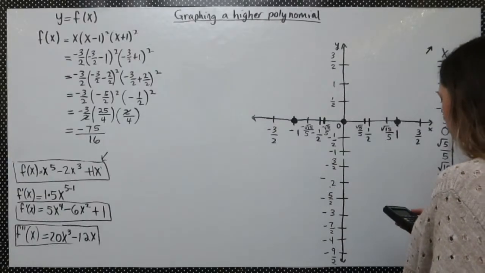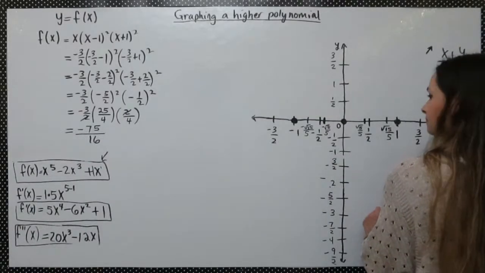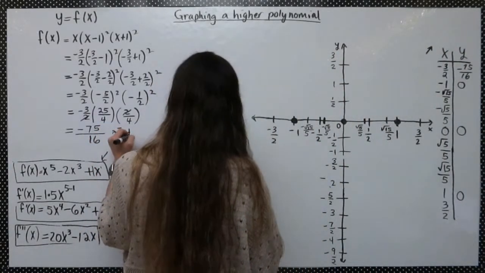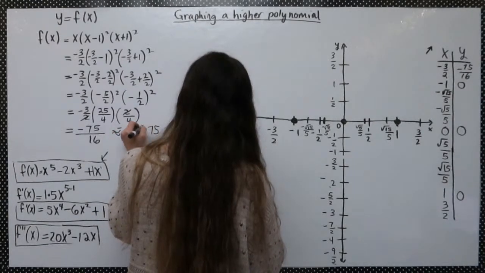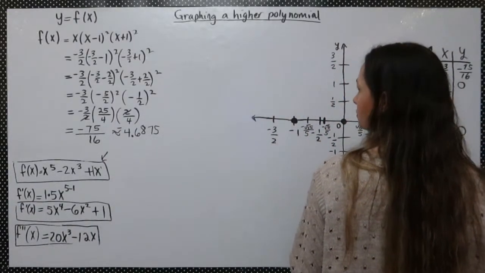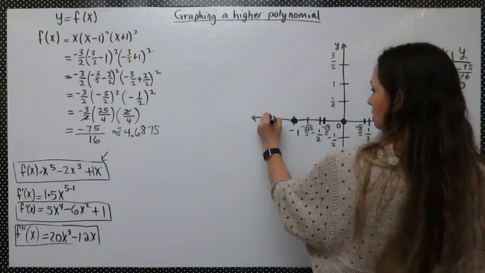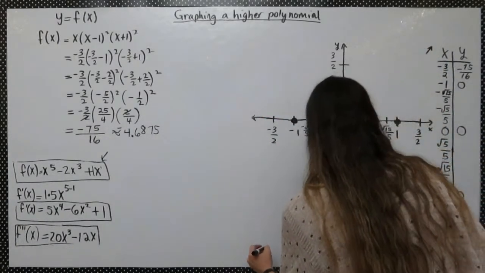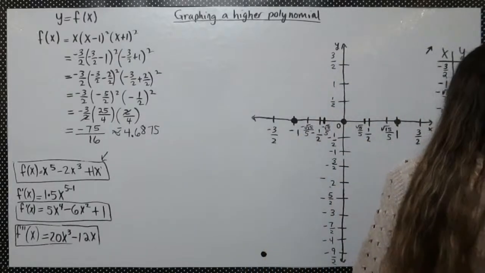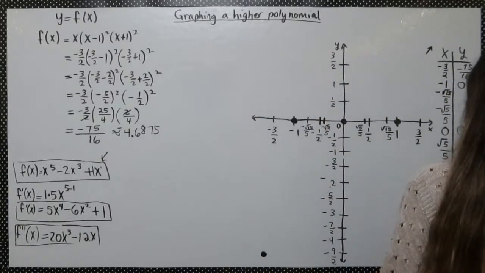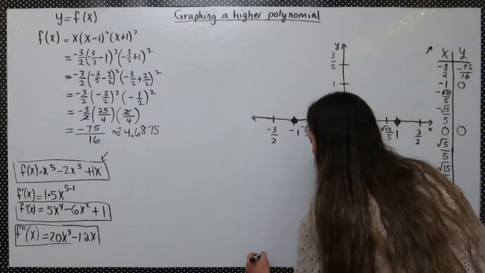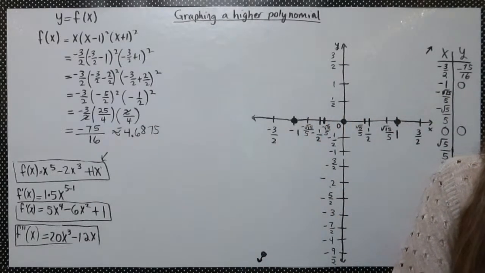Okay, so 75 over 16 is about -4.6875. So that was -3 halves out here, and I'm all the way down here, because -9 halves is 4.5, so it's a little bit past that negative. That looks good. All right, we got one.